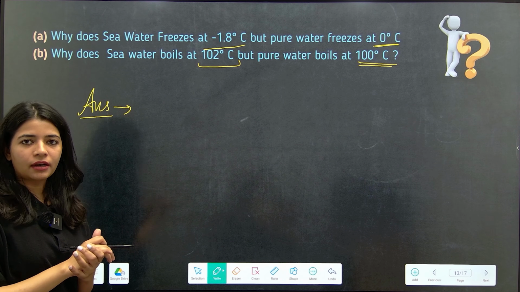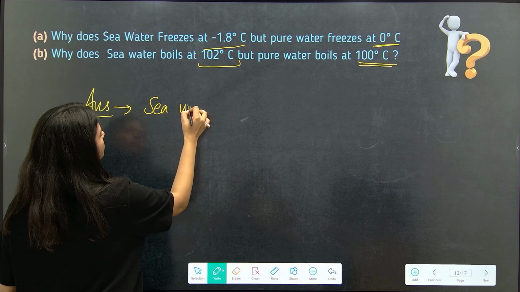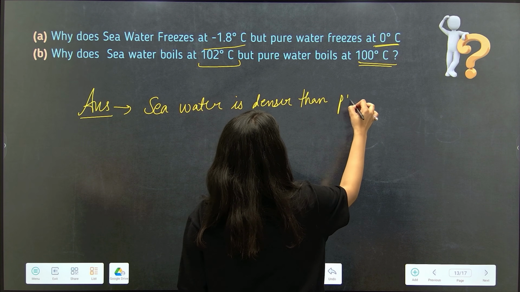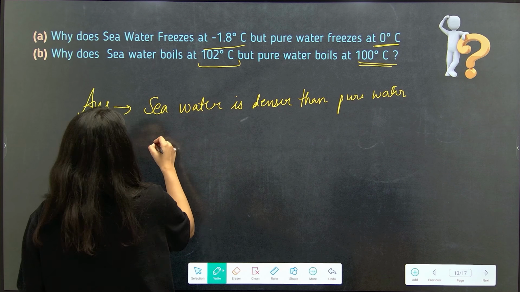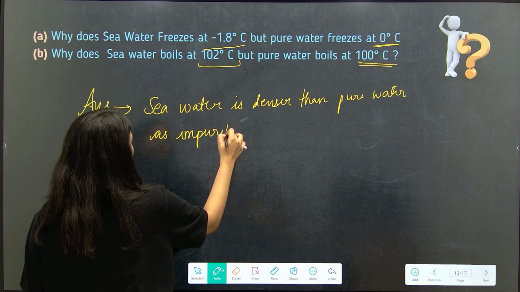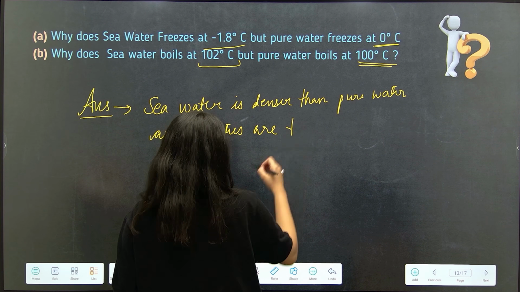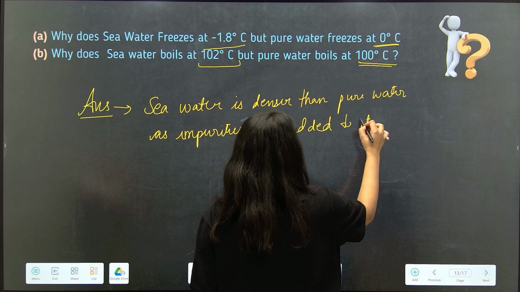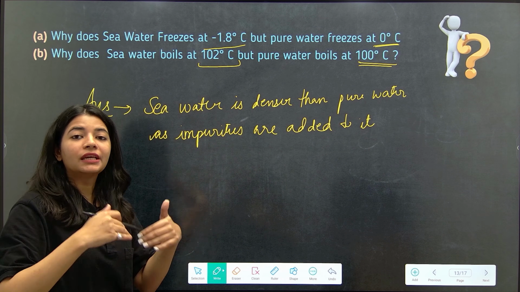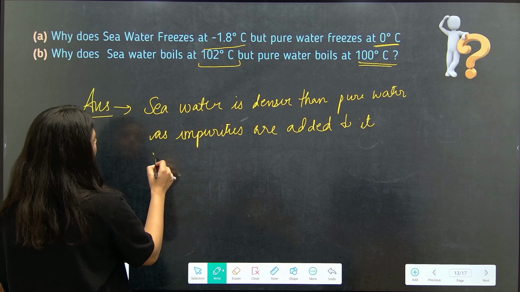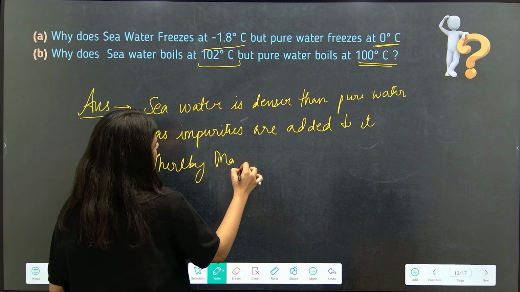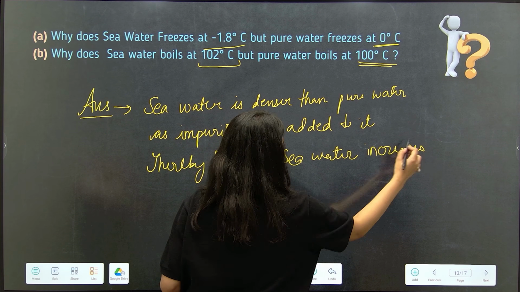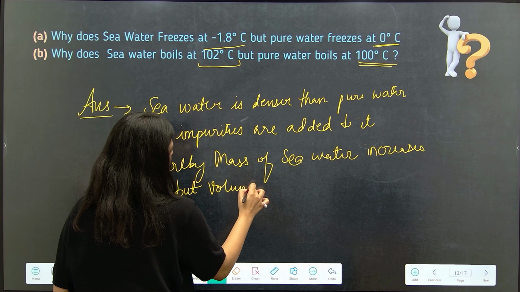Because of the impurities added, the seawater becomes denser. The seawater is denser than pure water as impurities are added to it. Therefore the mass of seawater increases but the volume remains the same.